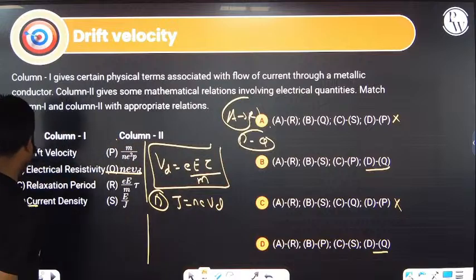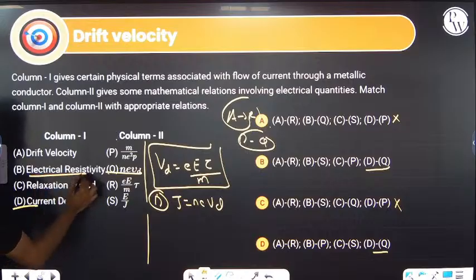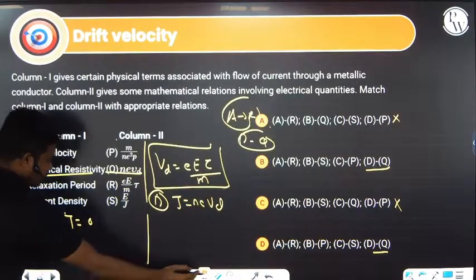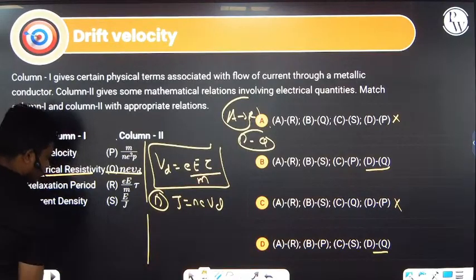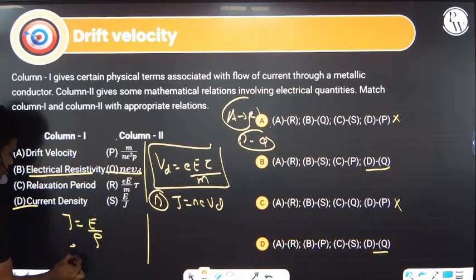Let's talk about C. What is that? Relaxation period. So electrical resistivity. Just now we saw J. What is J? J is equal to E by rho. What is rho?